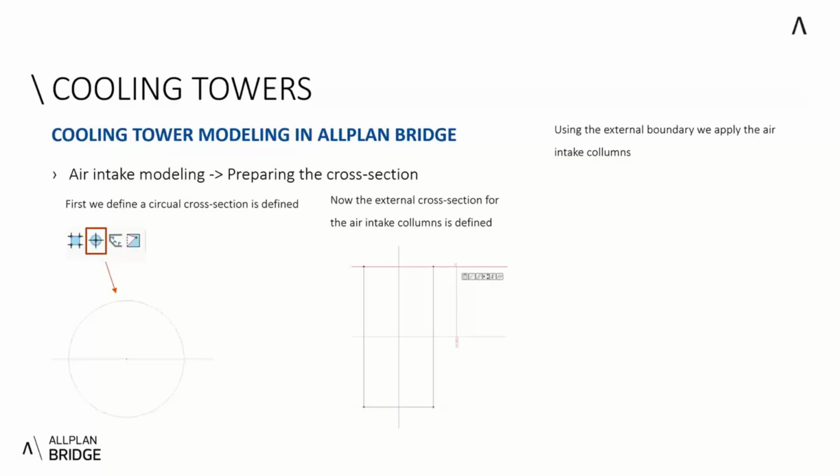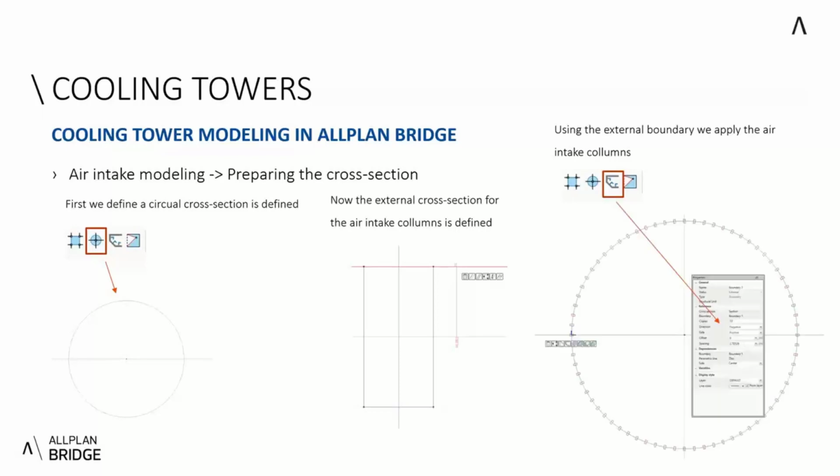We apply this now on our circular cross-section by using the external boundary tool, and we get this nice column positioning around our circular cross-section. And as we've seen before, we can also apply the number of copies, and we can apply a different spacing. But a few more steps will be taken here to achieve the correct spacing if, for example, the radius or the diameter of the circle is changing.